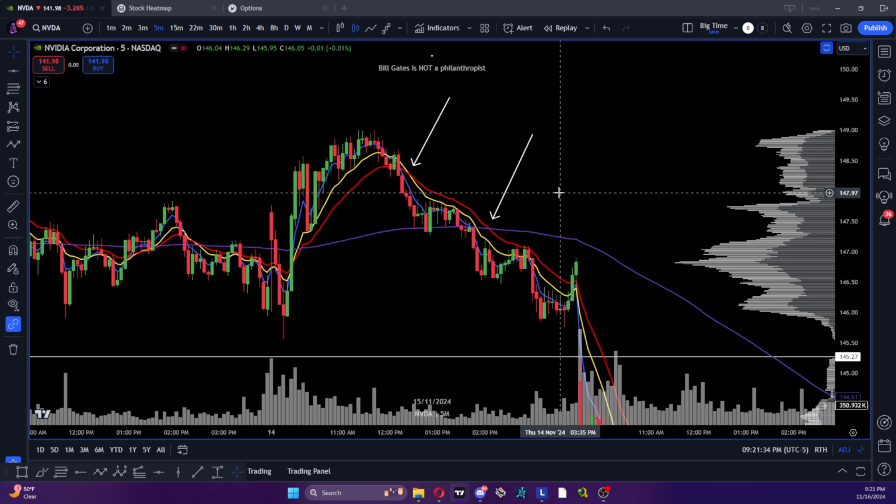If I see price rejecting a level, and at that point I see that price is going to push down because volume and price action are indicating that we've gotten toppy, I'll take the trade, and then I'll use the EMAs for confluence to stay in the trade. So if I'm in a short, and while I'm in that short the 9 and that 21 cross, I know that I'm in the right trade.